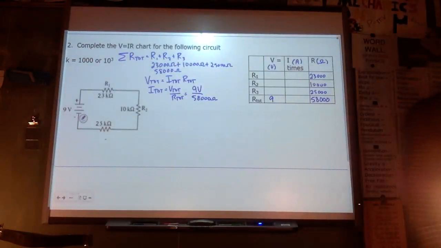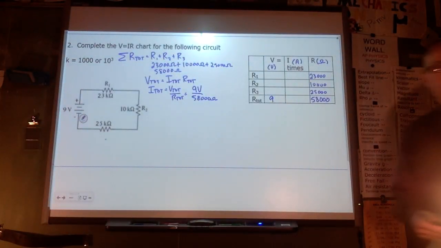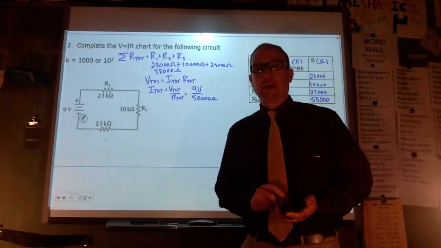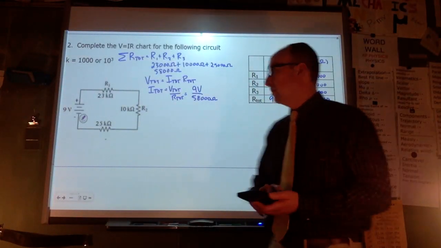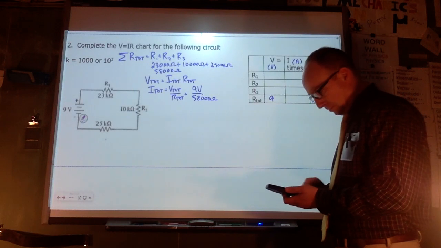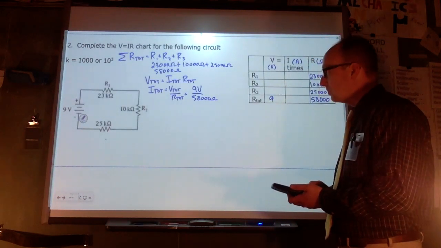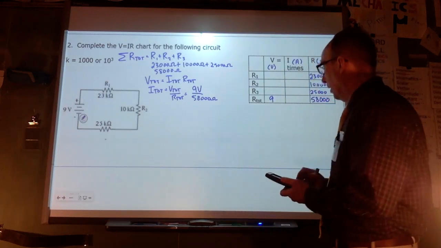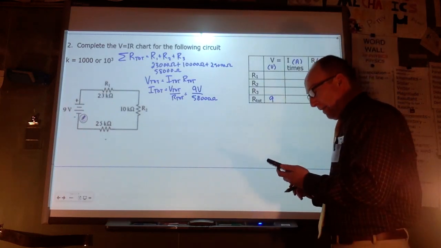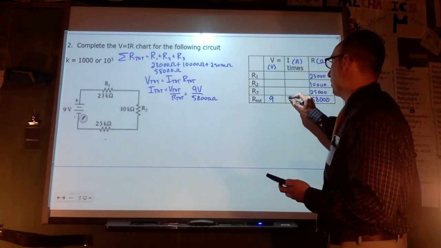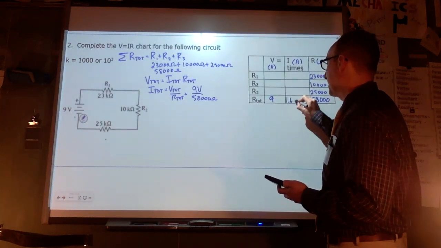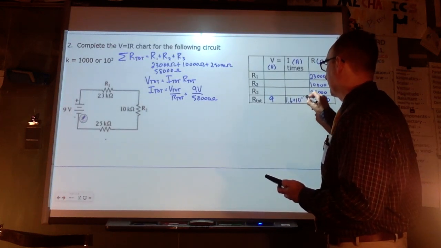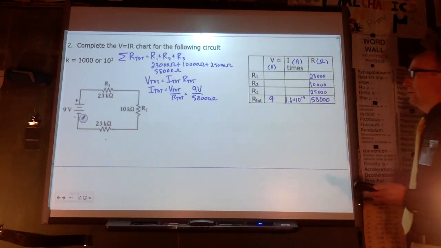So when I do the last one in the two different ways, I'm not necessarily going to get exactly the same thing. All right, so I got 1.55 times 10 to the negative fourth. So I'm going to call that 1.6 times 10 to the negative fourth.